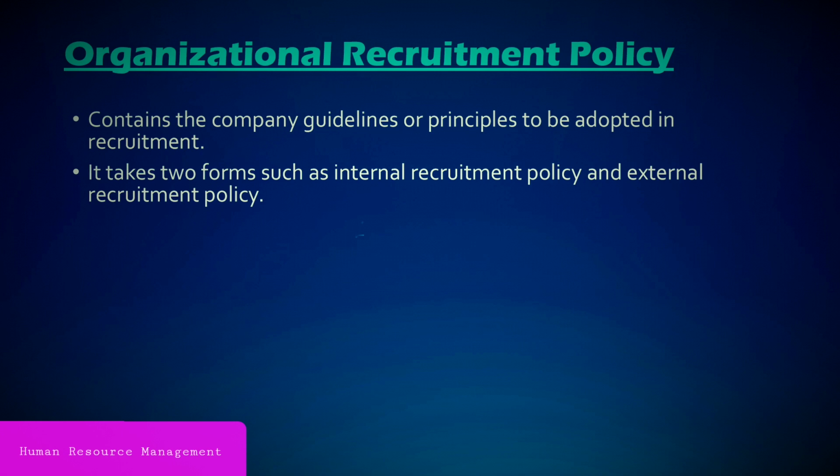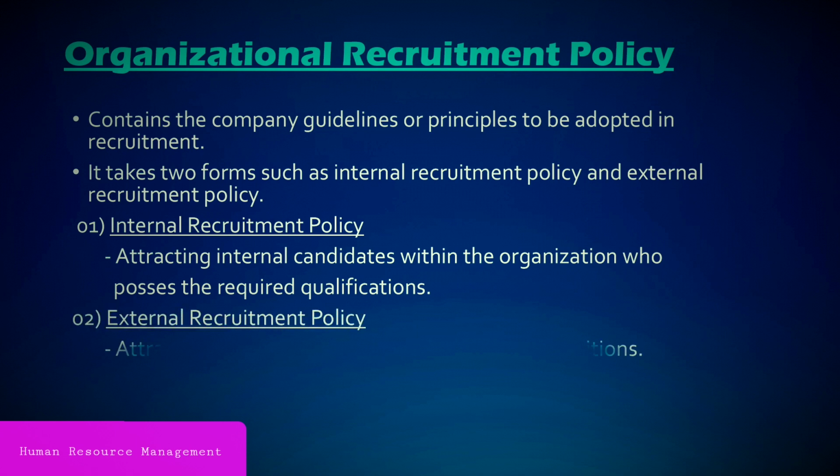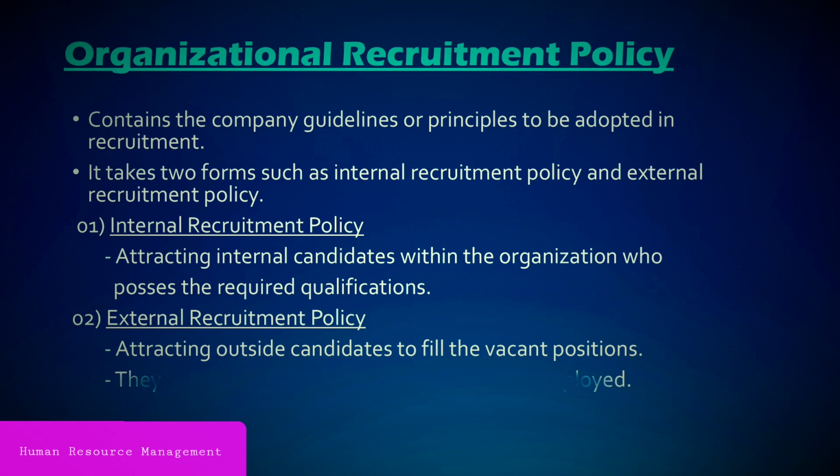Under the internal recruitment policy, internal candidates within the organization who possess the required or desired qualifications will be attracted. Under the external recruitment policy, outside candidates will be attracted to fill the vacant positions in the organization. These candidates could be either currently employed or unemployed.